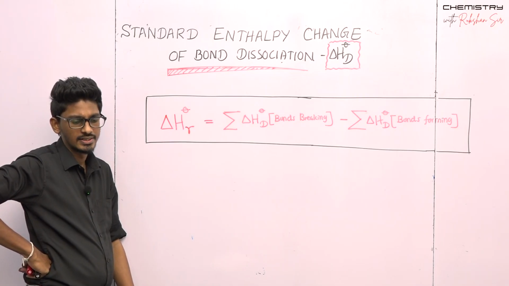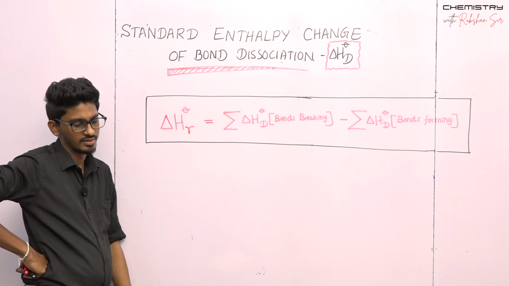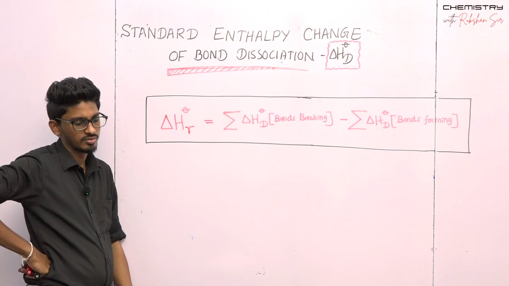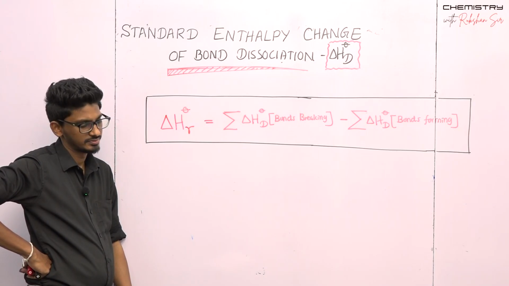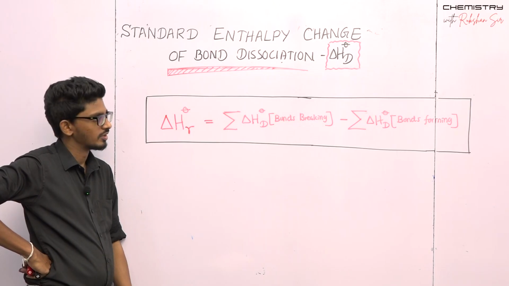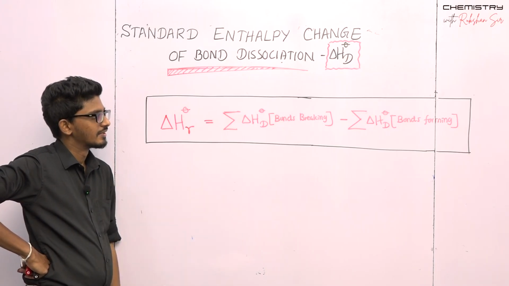It is said that the enthalpy of reaction can be found using the following equation. To use this equation to find delta H R, the delta H D values of all the bonds of reactants as well as products involved in the reaction should be known. If the question fulfills that requirement, then you can use this.